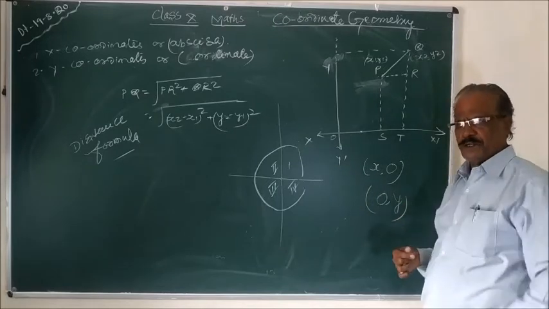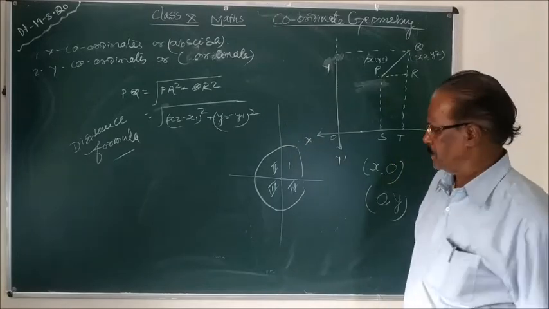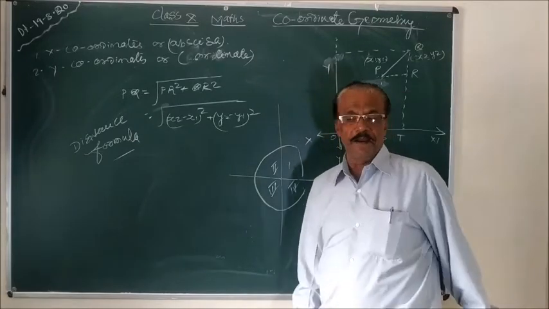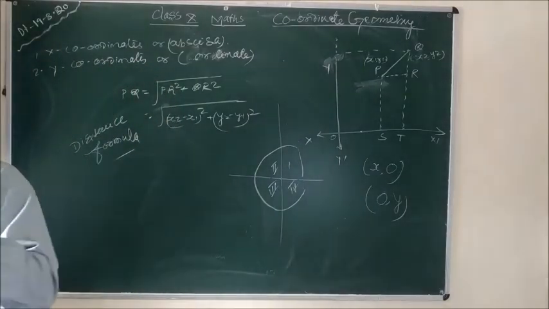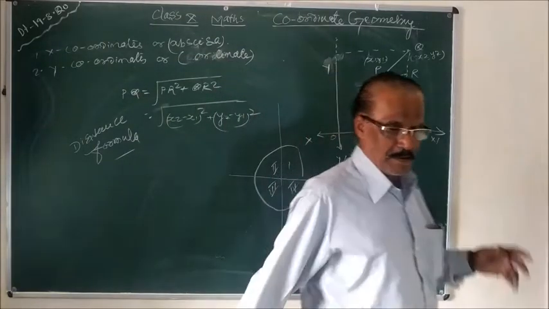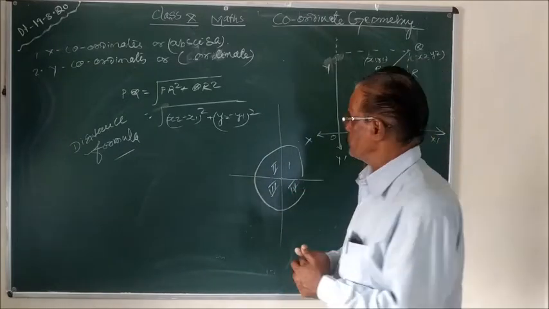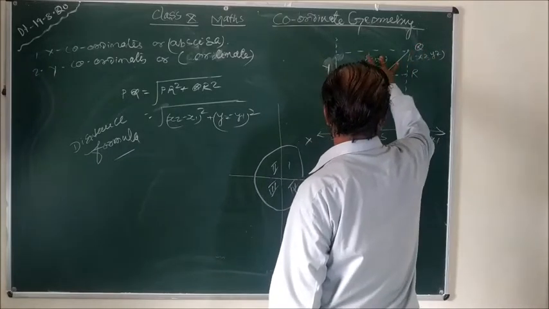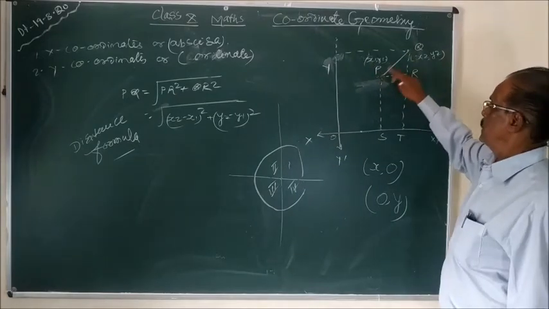Although to solve the question, we simply use the formula and find the result, from a deep knowledge point of view, you should know how you can derive this formula. And therefore derivation of a formula in mathematics or in physics is very, very necessary. So these 2 points, P and Q, have coordinates x1, y1, x2, y2. You have to find the distance between P and Q, that is PQ.